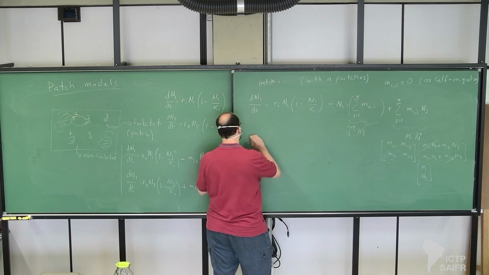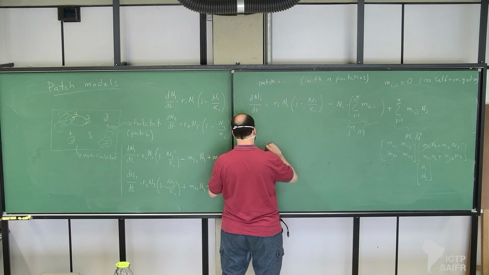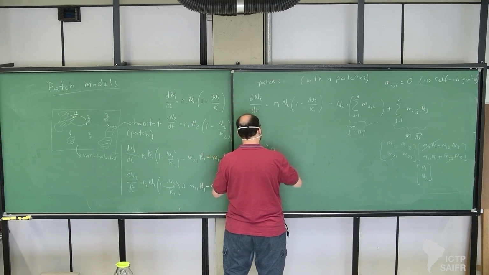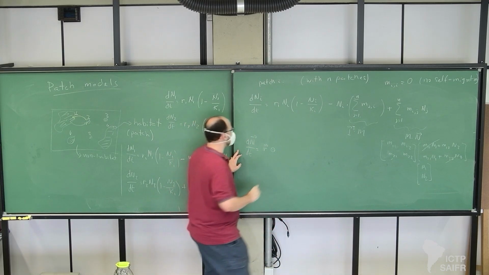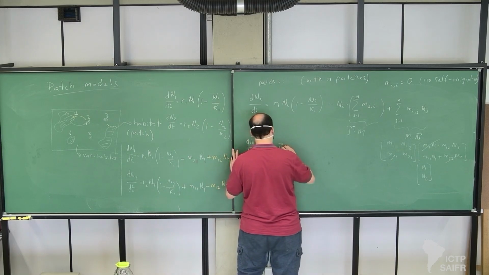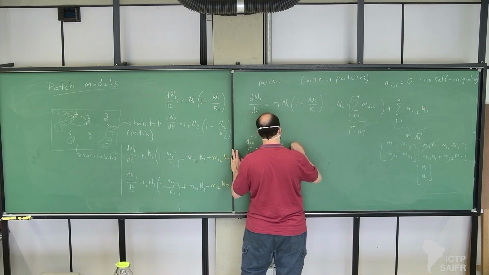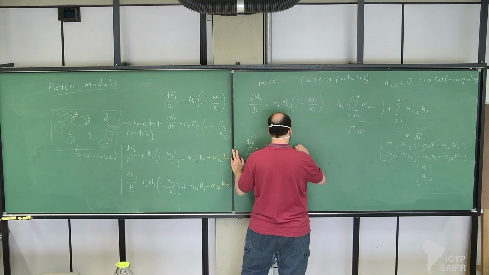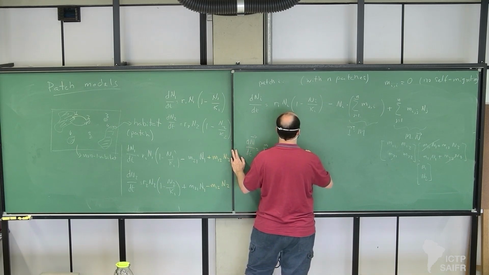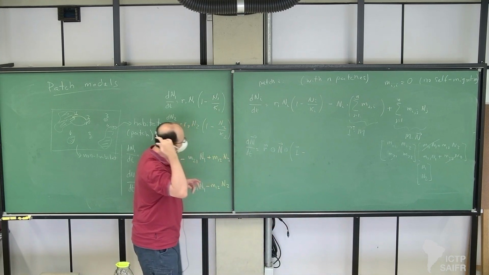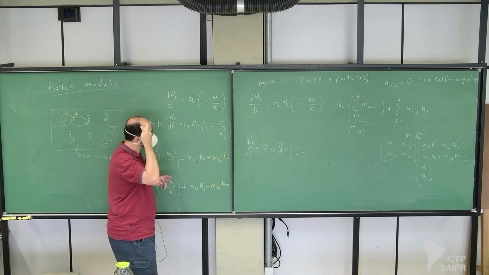So dn/dt is going to be the vector of r's, the product element by element with n, then the product element by element of 1, and here I'm using this notation, minus n over k, over the array of k's, right?